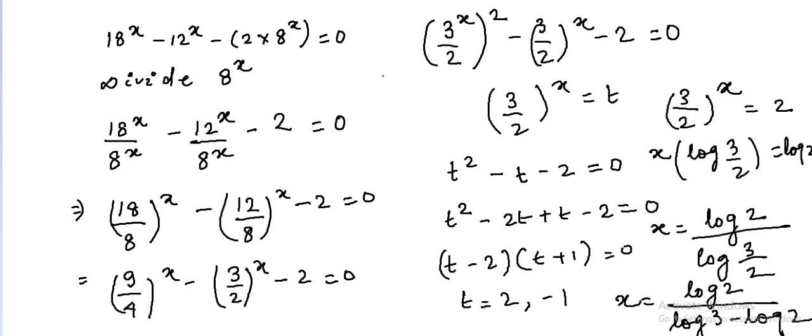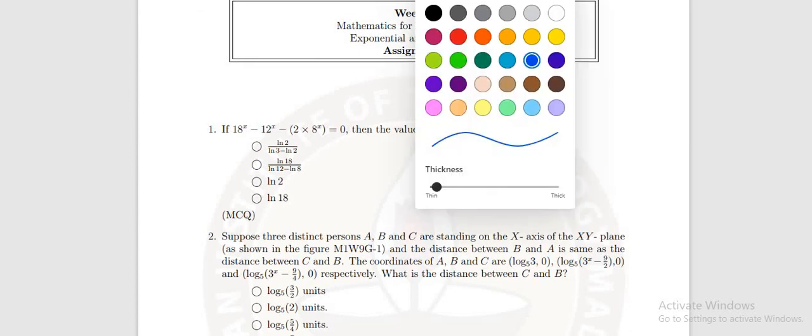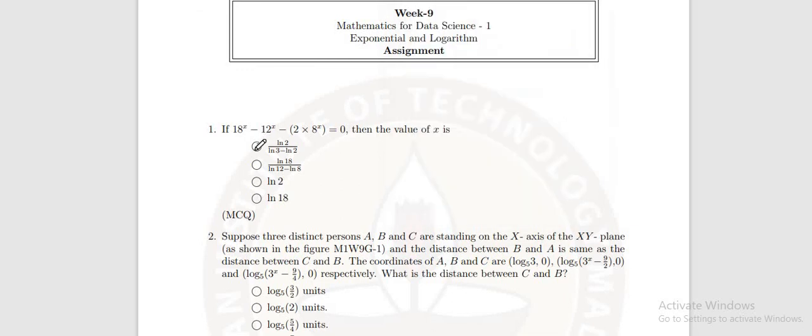So the value of x that you have obtained is this one. Hence your option 1 will be absolutely correct, because this matches our solution, that is log 2 by log 3 minus log 2.